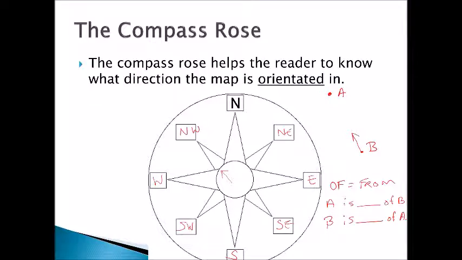So, we can say A is northwest of B. Now, if we were to look at the other way, from A, we have this direction towards B. That direction is like this. We are looking at southeast of A. This little trick of "of equals from" will help you remember how to get between points on a map.